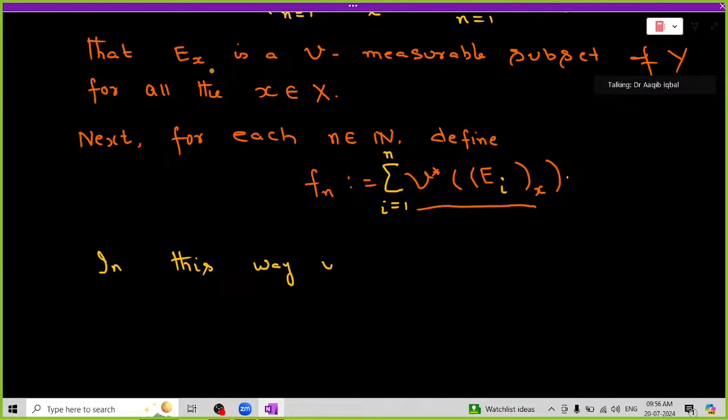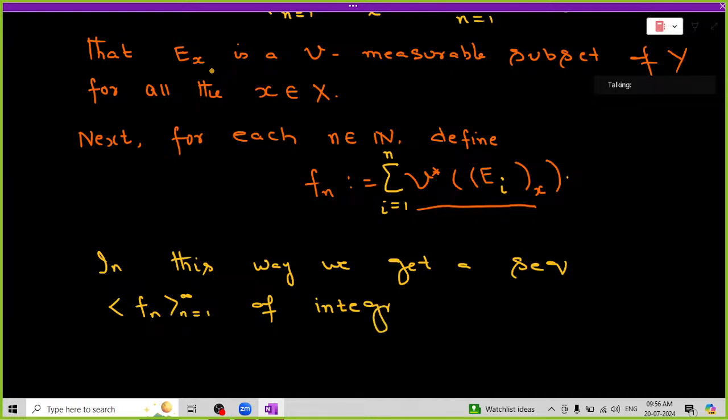In this way, we get a sequence fn, n running from 1 to infinity, of integrable functions. Okay.